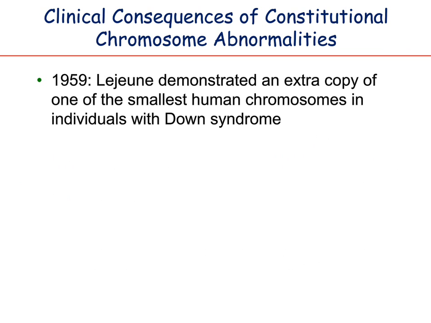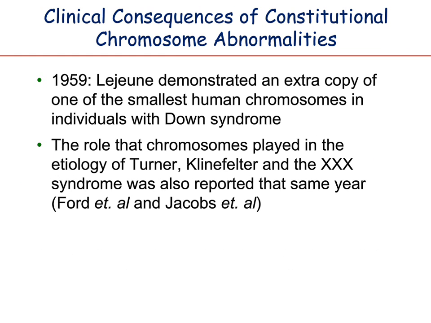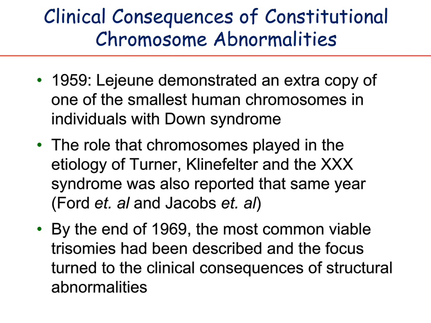The role that chromosomes played in the etiology of Turner syndrome, Klinefelter, and XXX was also reported that same year by Ford and Jacobs. And by the end of 1969, the most common viable trisomies had been described, and the focus then turned to the clinical consequences of structural chromosome abnormalities.